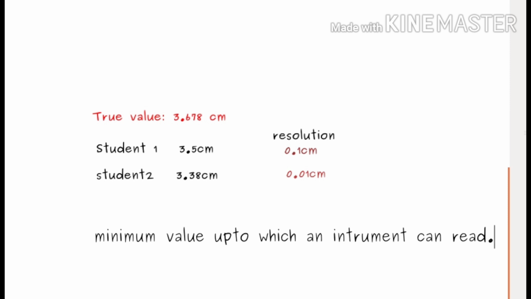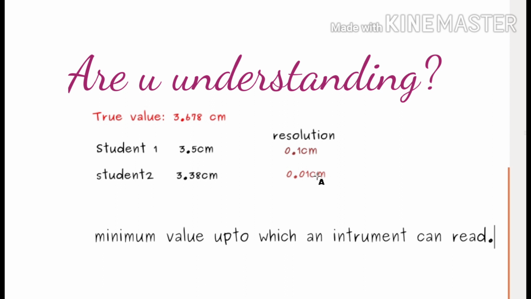So this instrument has the power of reading up to 0.1 centimeter, and he measures the value 3.5 centimeter, which is closer to 3.678. What about the second student? He measures the value 3.38 centimeter, but having a greater resolution of 0.01 centimeter. When I say greater resolution, it means what?